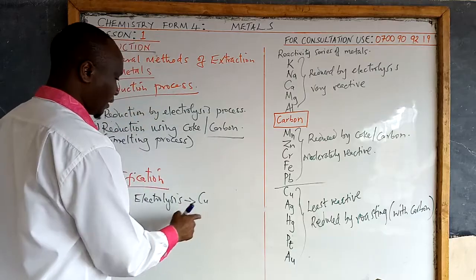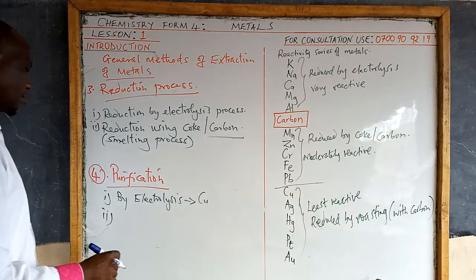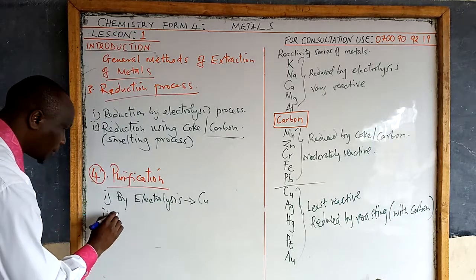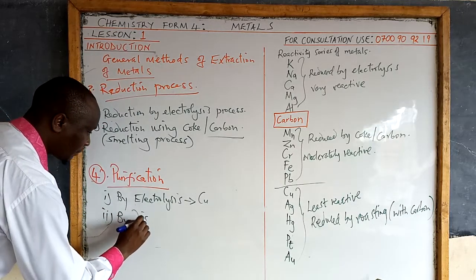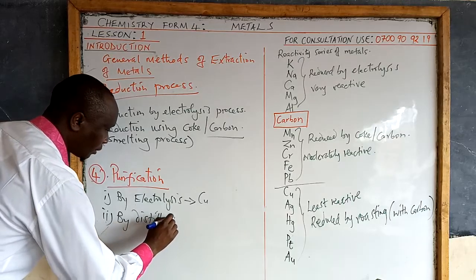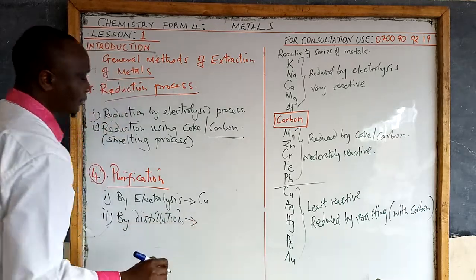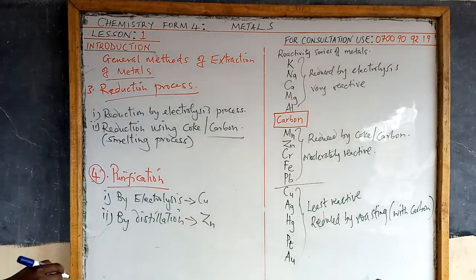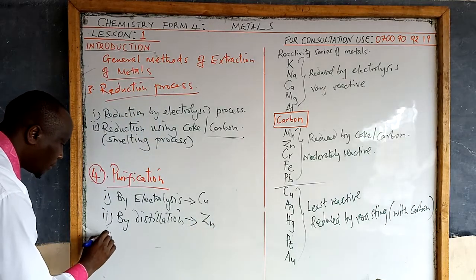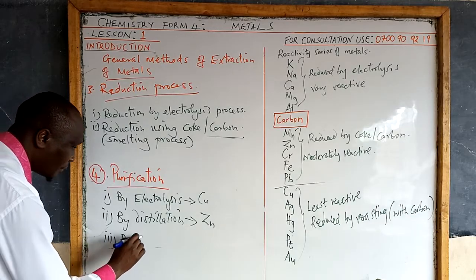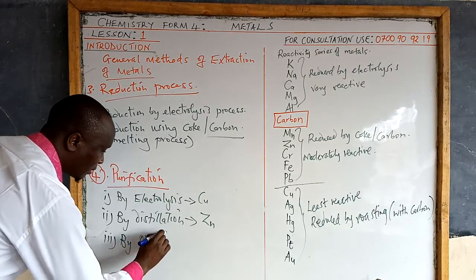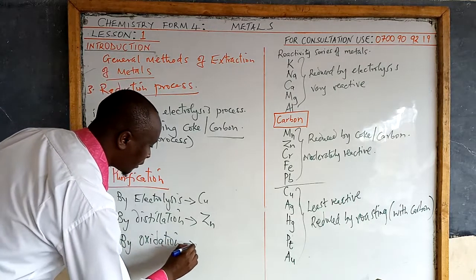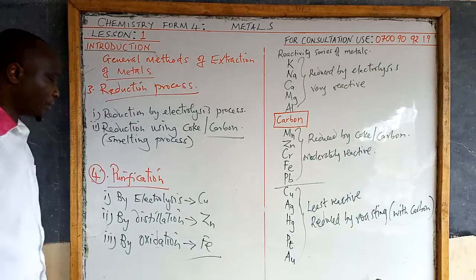As you will see, copper is purified by electrolysis. For the metals that we are going to discuss, we can have purification by distillation. This one we are going to discuss when we look at extraction of zinc. And then you can also have purification by oxidation, and I'll discuss the oxidation process in detail when we look at extraction of iron.